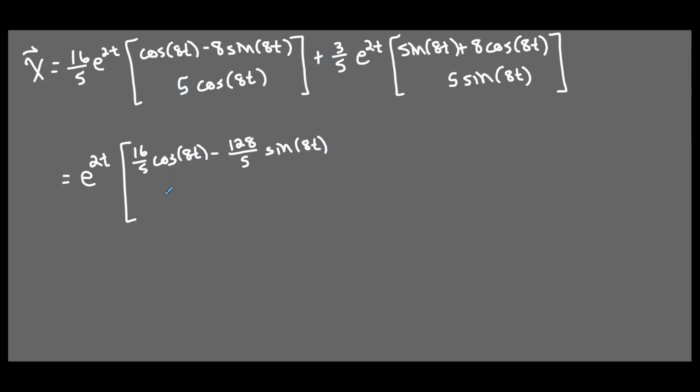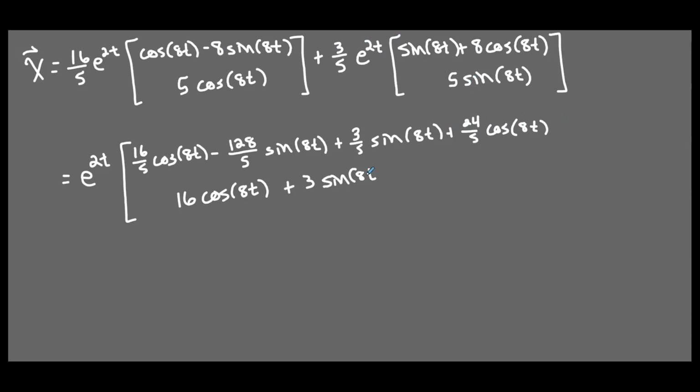Then on the bottom, that just reduces to 16 cosine 8t. And I'm going to add to this vector. So on the top, I've got 3/5 sine 8t, and then plus, looks like 24/5 cosine 8t. Now on the bottom, I have plus 5. No, it's not 5, right? It's 5 times 3/5. So it's plus 3 sine 8t.